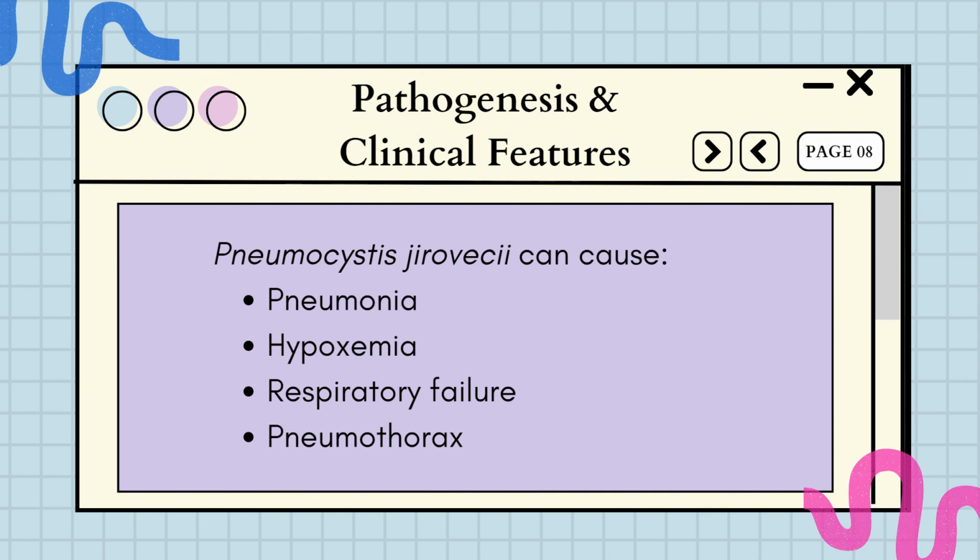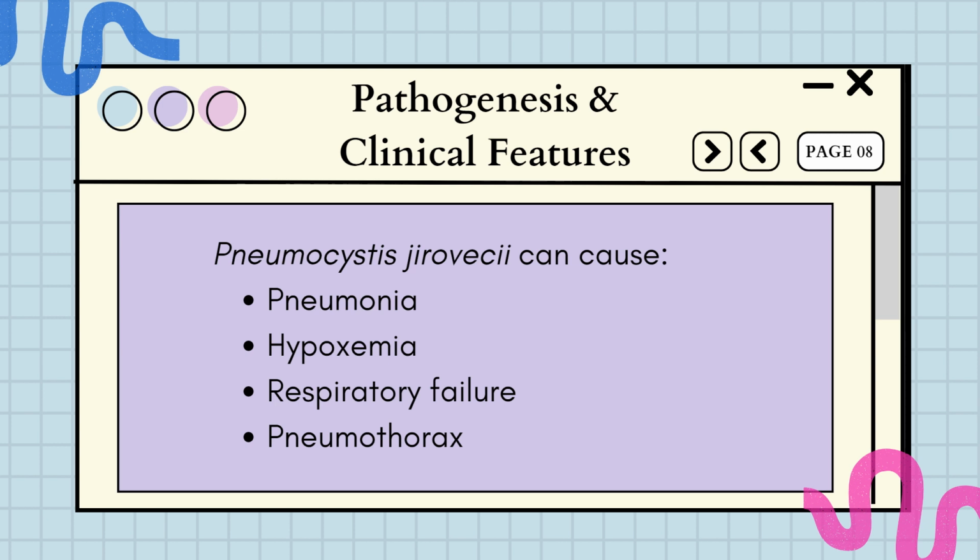This parasite can cause pneumonia, which is an infection that affects the lungs, hypoxemia, a low level of oxygen in the blood that may cause respiratory failure, which is a serious condition that makes it difficult to breathe. Lastly, P. jirovecii can also cause pneumothorax, which is also known as collapsed lung.